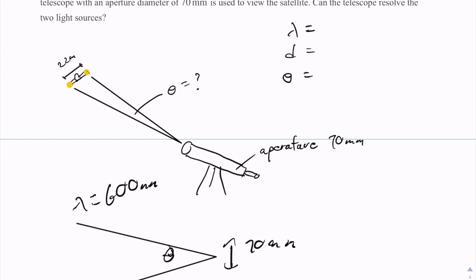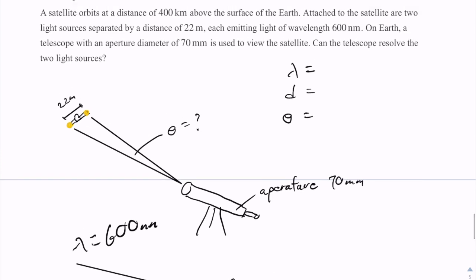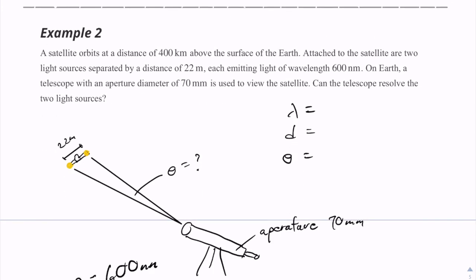This is where it's kind of interesting. So we have D. Is D? No, B is the aperture size, which is 70 millimeters.